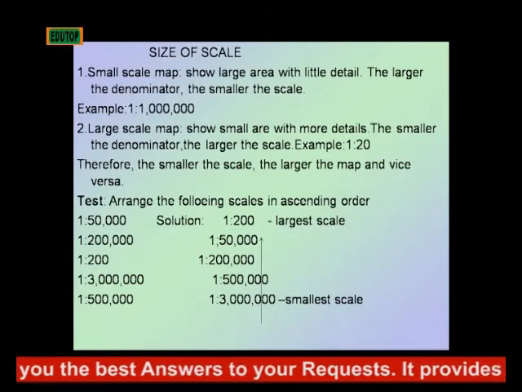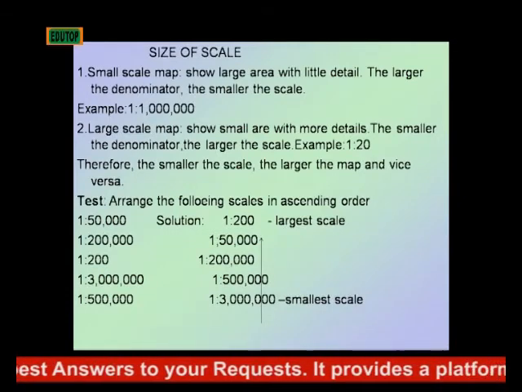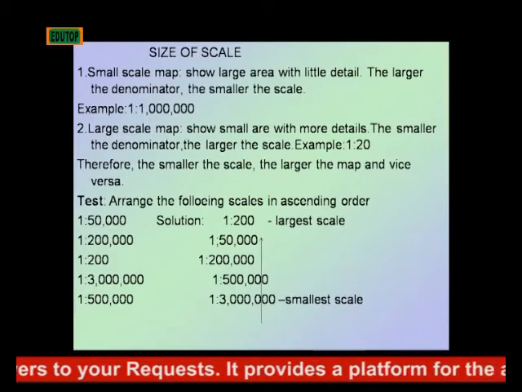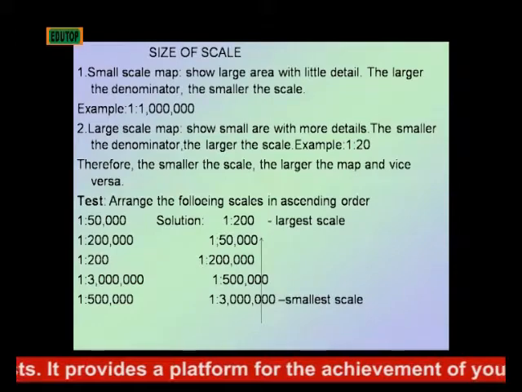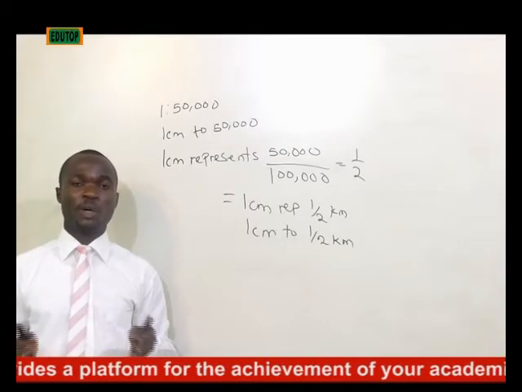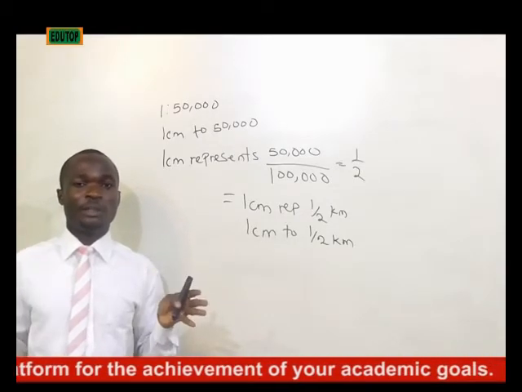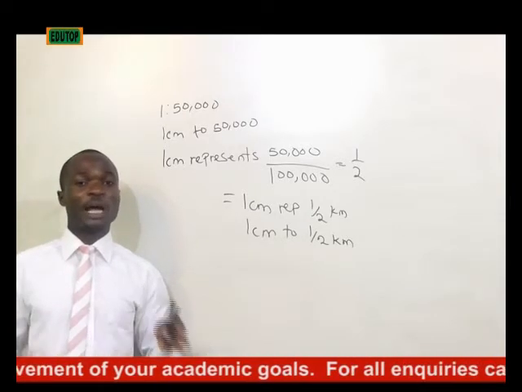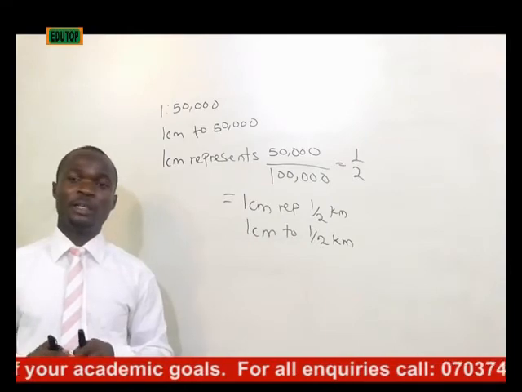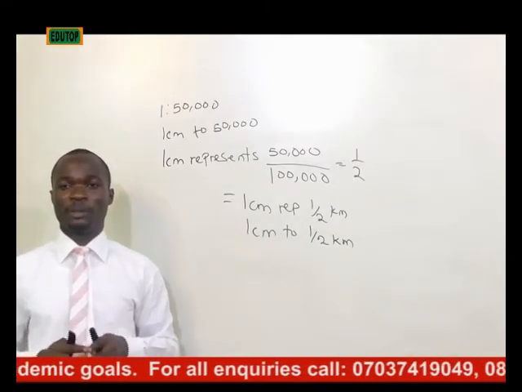So, we can say that the smaller the scale, the larger the map, and vice versa. So, if we have a small scale, it therefore means that we have a large map. If we have a large scale, we have a small map.